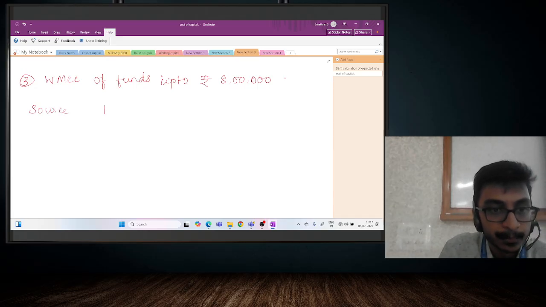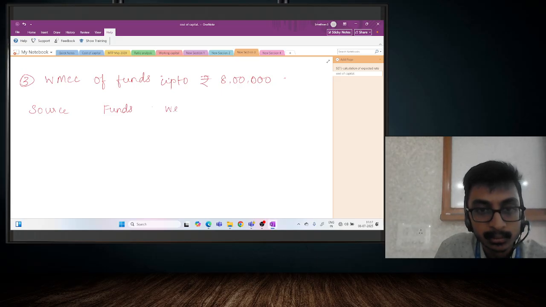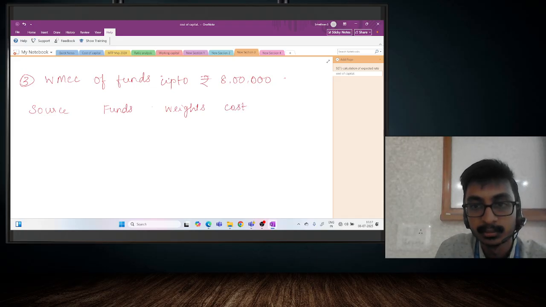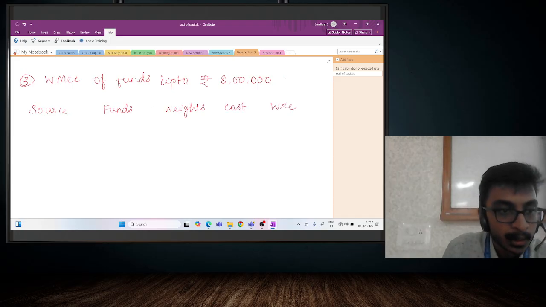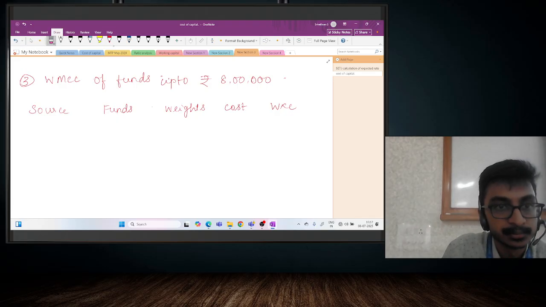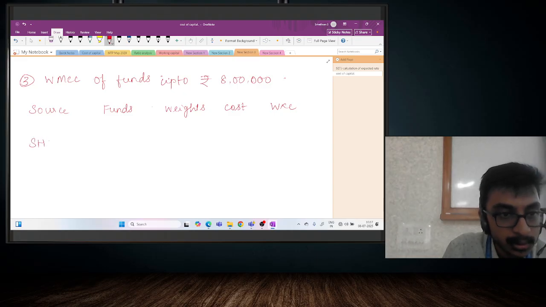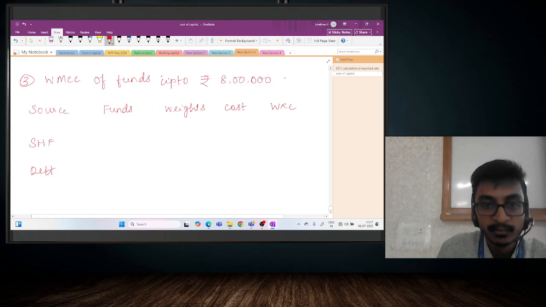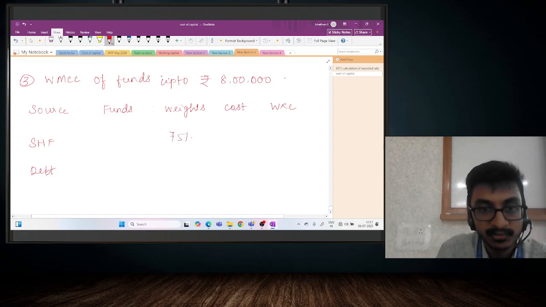Source, funds, so here we have shareholders fund and bonds for debt. Shareholders fund, debt. Weight is 75% shareholders fund and 25% debt.